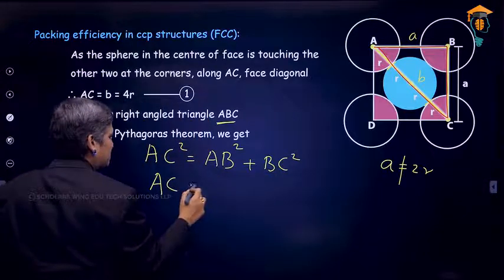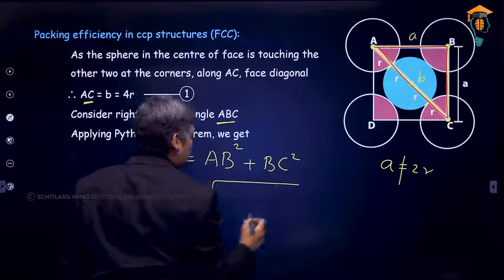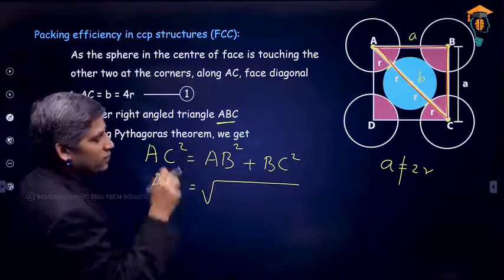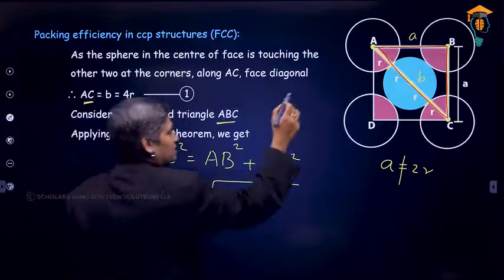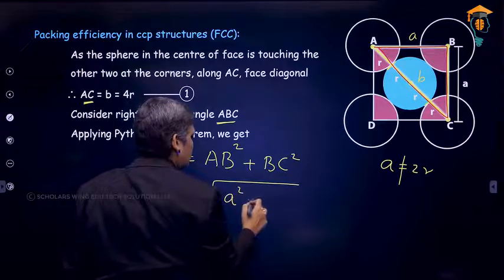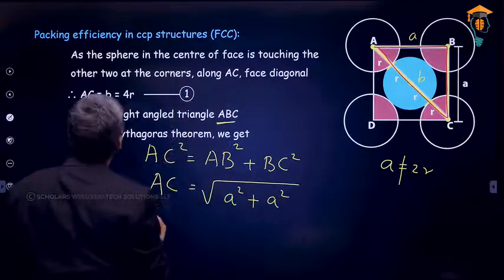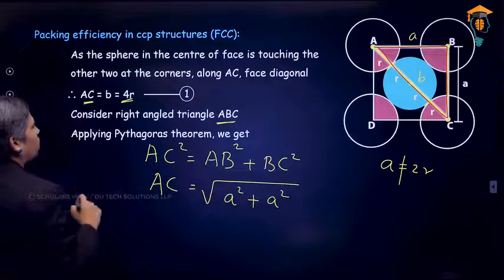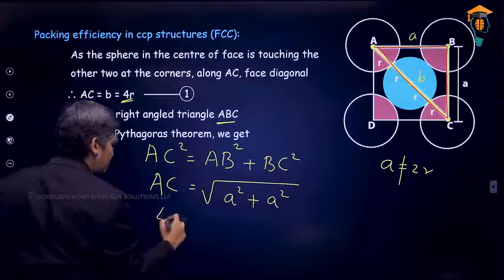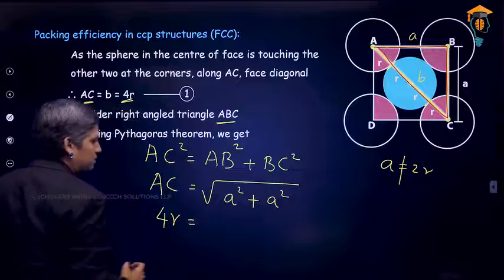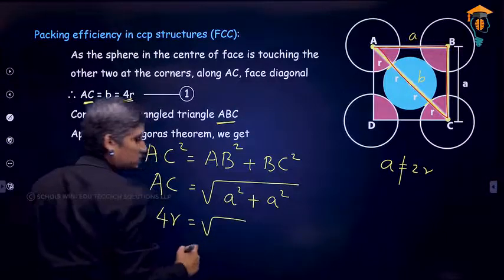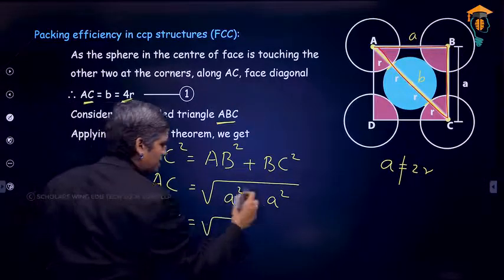Therefore from this, what is AC? Under root AB square. In place of AB square, can I put here A square? Yes. BC square is A square once again. In place of AC, I can put 4R, from equation 1. Therefore, 4R equals under root A square plus A square, which is 2A square.